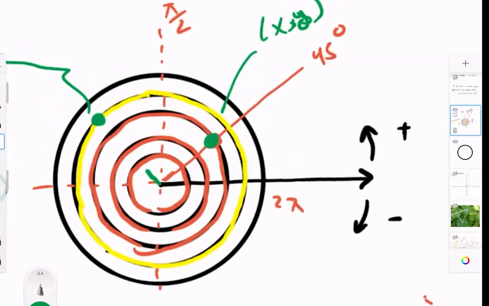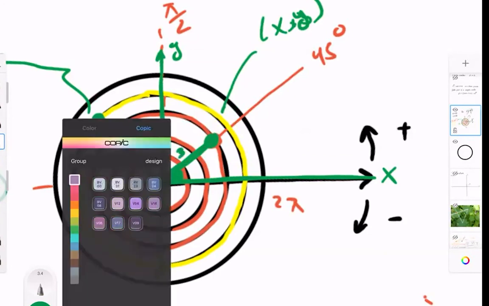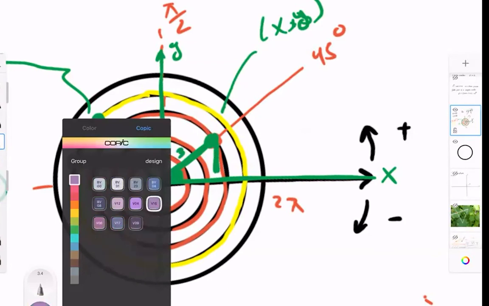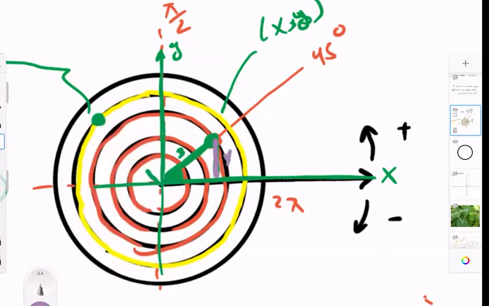This will be the x-axis, and this will be the y-axis. Good. What do we have? We know this angle. We know this is 45. So we make a line, and this line is 3. We are looking for y, and we are looking for x.